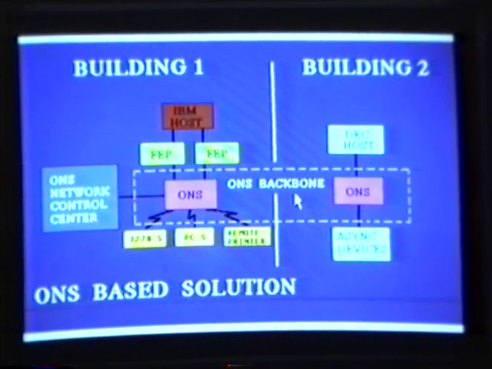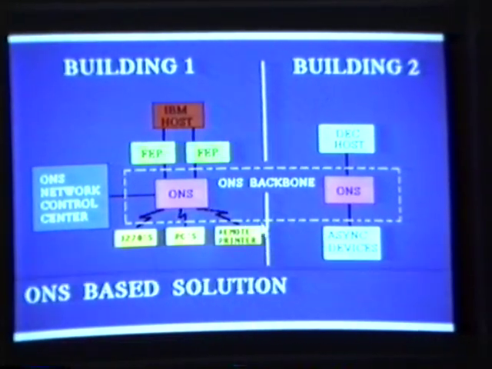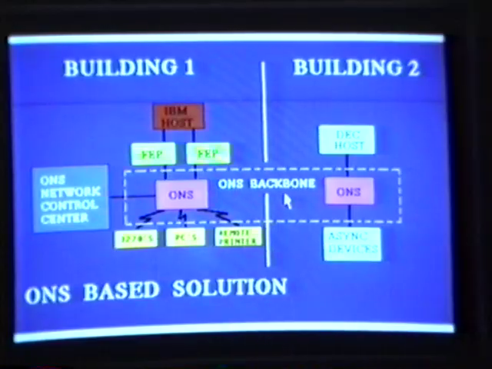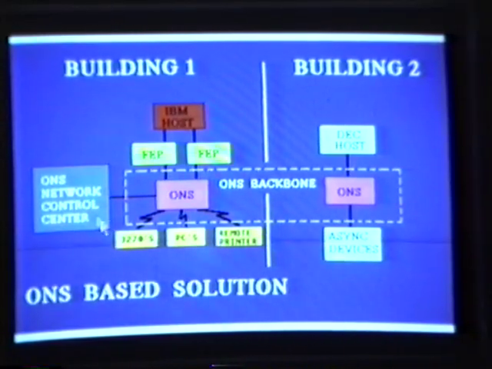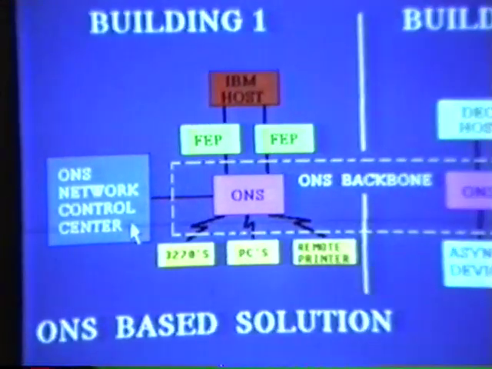The solution is establishment of an ONS backbone that provides the needed terminal emulation and protocol conversion. In addition, the ONS Network Control Center will manage and control the ONS backbone.